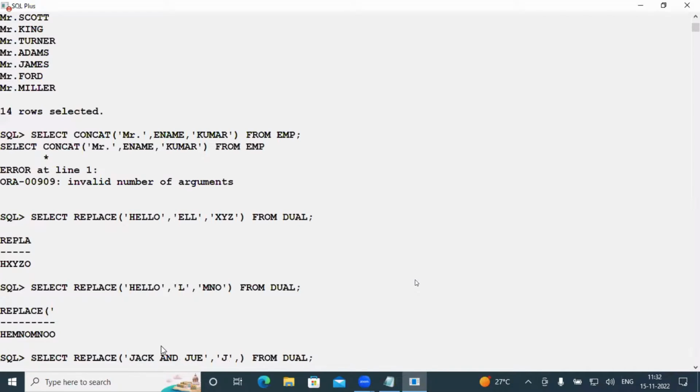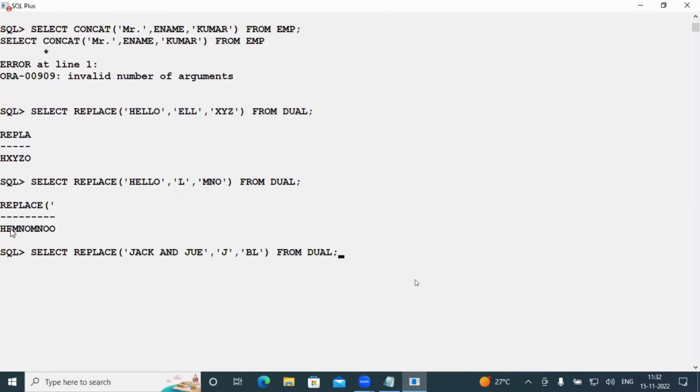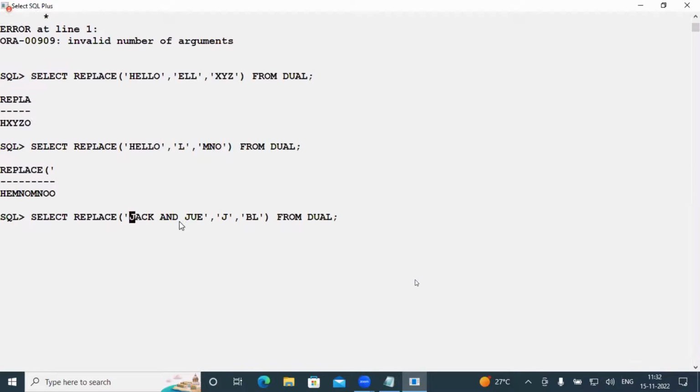In place of J, I want to send BL. So if I replace J with BL, what sentence will be formed here? In place of J, BL will be placed. After replacing J with BL, what is your output for this expression? Yes, black and blue.